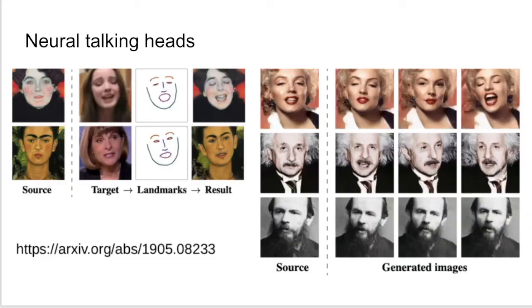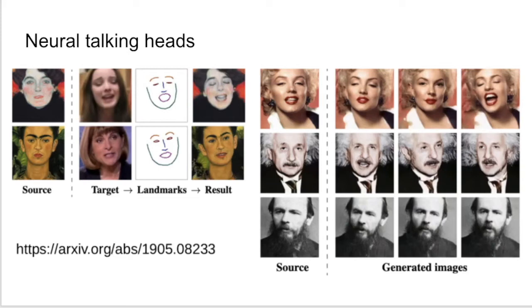Here's an example of a slightly more advanced application of generative adversarial networks. You are able to animate paintings. So in this top case on the left-hand side, you see a famous painting, and then we have a video clip of a person talking, and the GAN is able to animate the painting into the video of the face of the person talking.